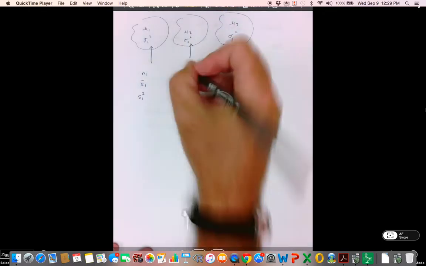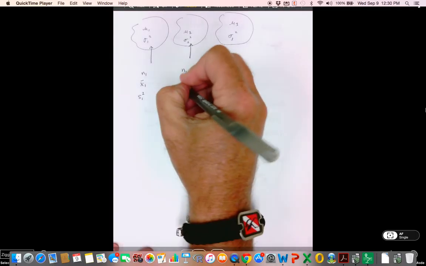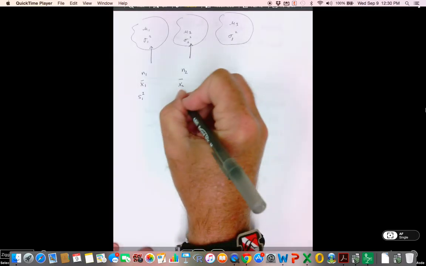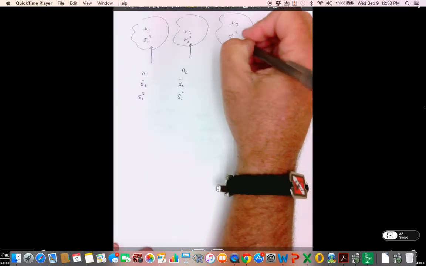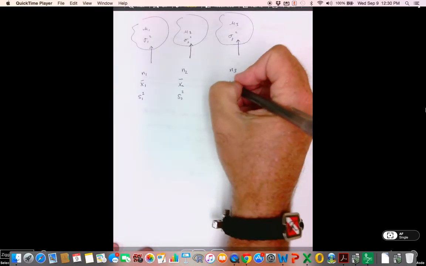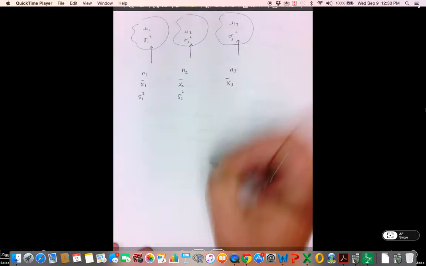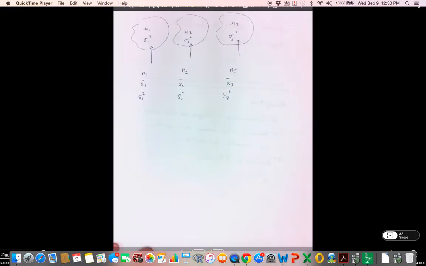Dive into population number 2, set a sample size, calculate the sample mean, calculate the sample variance. Same thing here. Set the sample size, calculate the sample mean, calculate the sample variance.